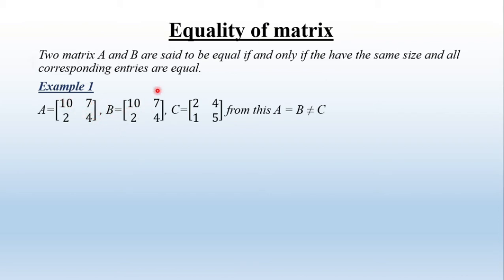So in such a way A and B are equal, but A is not equal with C. Look, the first entry of matrix A is 10, while the first entry of matrix C is 2. So A and B are equal, but A is not equal with C, and also B is not equal with matrix C.